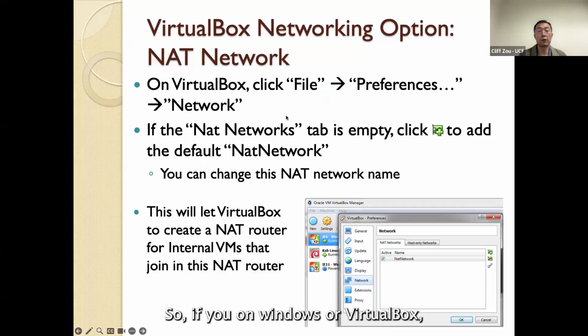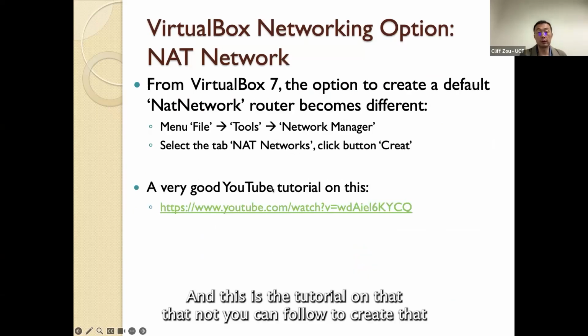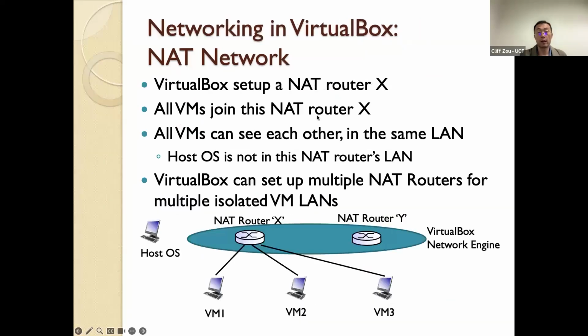So if on Windows VirtualBox you cannot find that network name, you go through this procedure to create that network router. And this is a tutorial that you can follow to create it.